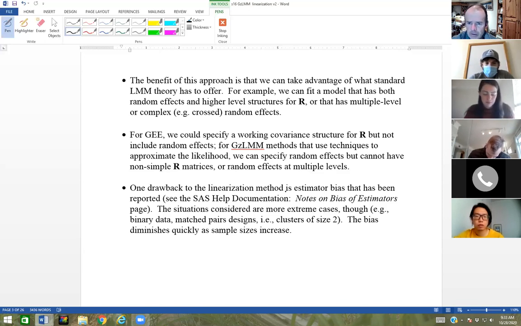There is one comment here that this approach, through simulation, has certain conditions where it's shown to not work as well. But those are for smaller data sets, for particular outcomes like binary outcomes.